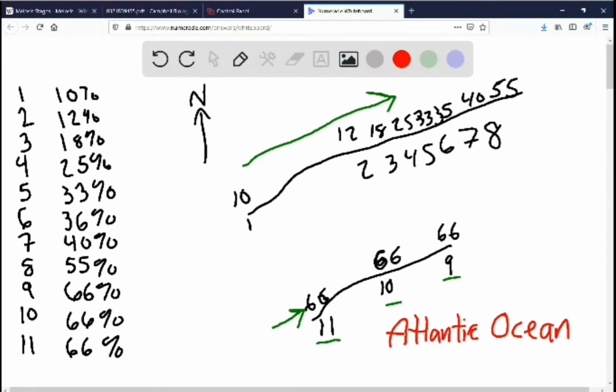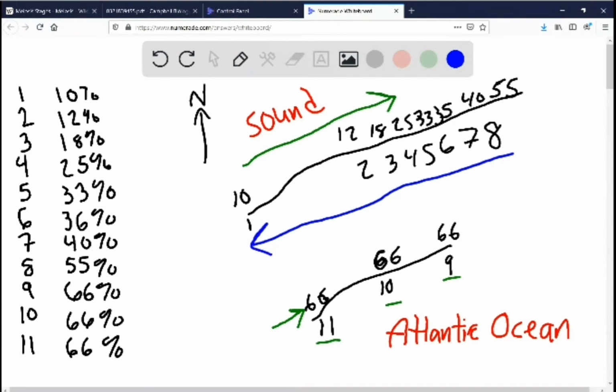And that's probably also true for points 1 through 8, because here we have the sound, and the further in you go, the more inland you are getting. So here's the ocean roughly over here, and you're getting more and more encased by land the more you go this way with the blue arrow.